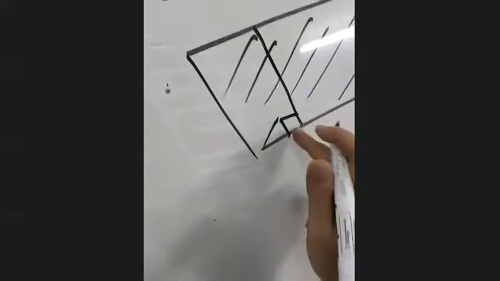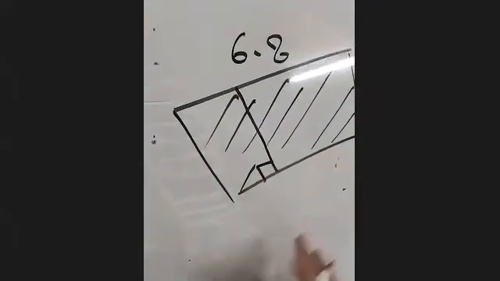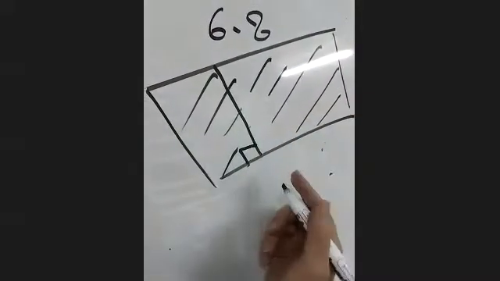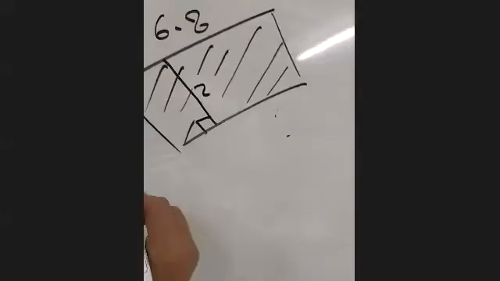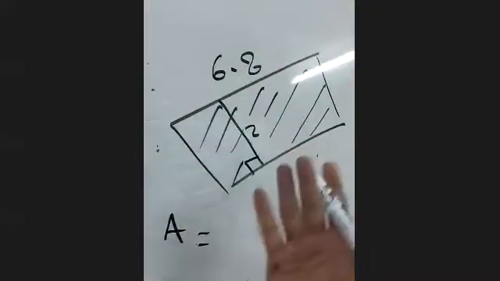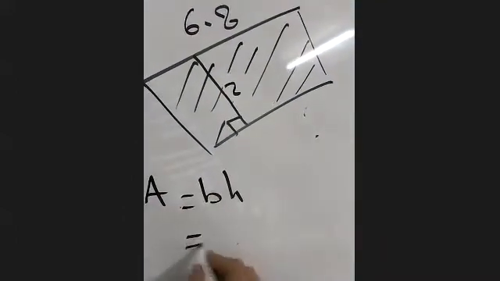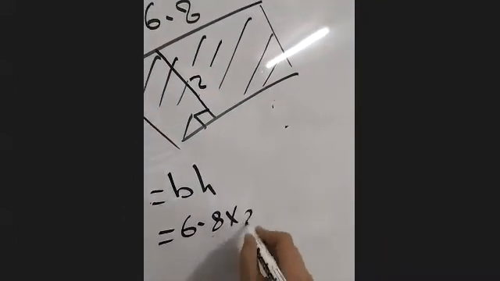What is the height of the yellow? Here, they put a right angle. What is the height? The height is 2. So what is the area? B times H equals 6.8 multiplied by 2.